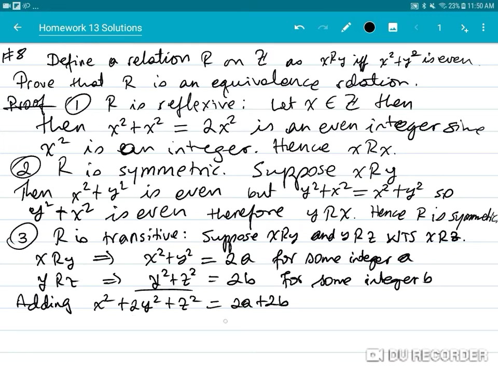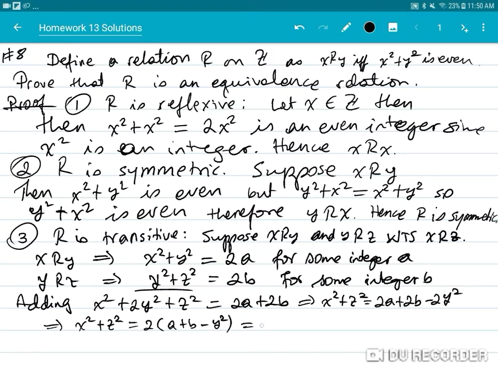Now I'm going to move the 2y squared over to the other side to get x squared plus z squared is 2a plus 2b minus 2y squared, which we see is even. So let me write that down. So x squared plus z squared is 2 times (a plus b minus y squared), which we can call 2k, where k is a plus b minus y squared, which is an integer.